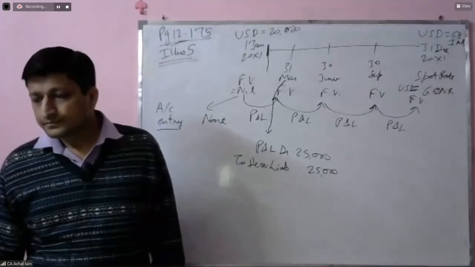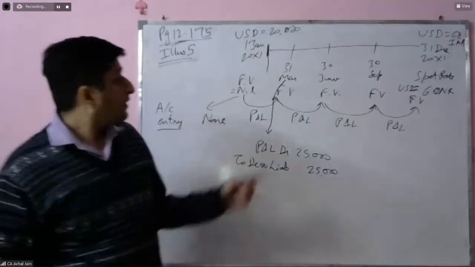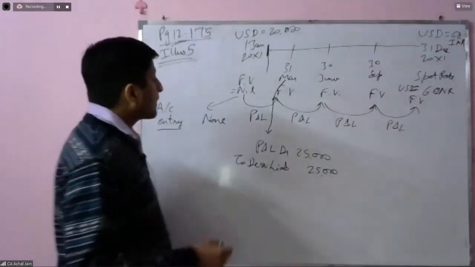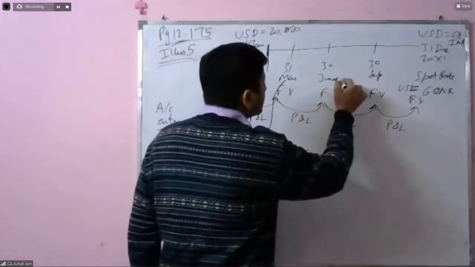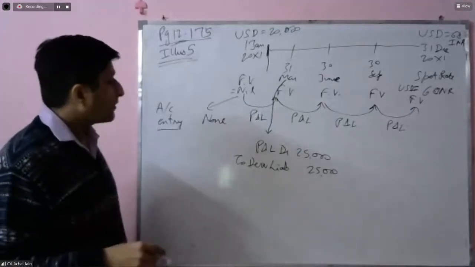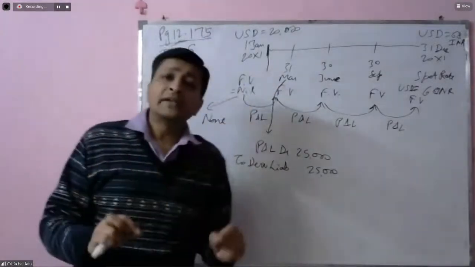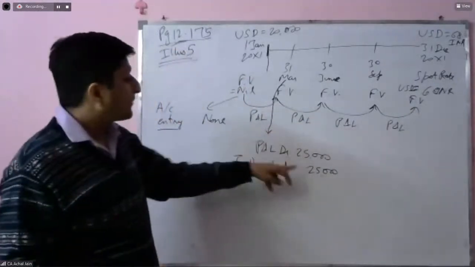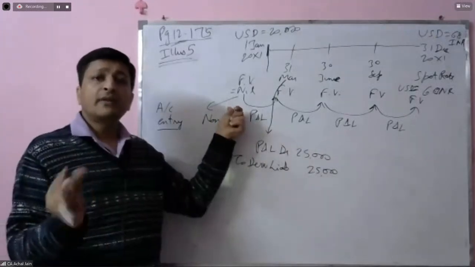Now, what's the next step? From 31st March, we'll move to 30th June. Before that, if you want, you can also note down one point. On 31st March, the fair value came out to be 25,000, and in the previous reporting period, the fair value was 0.